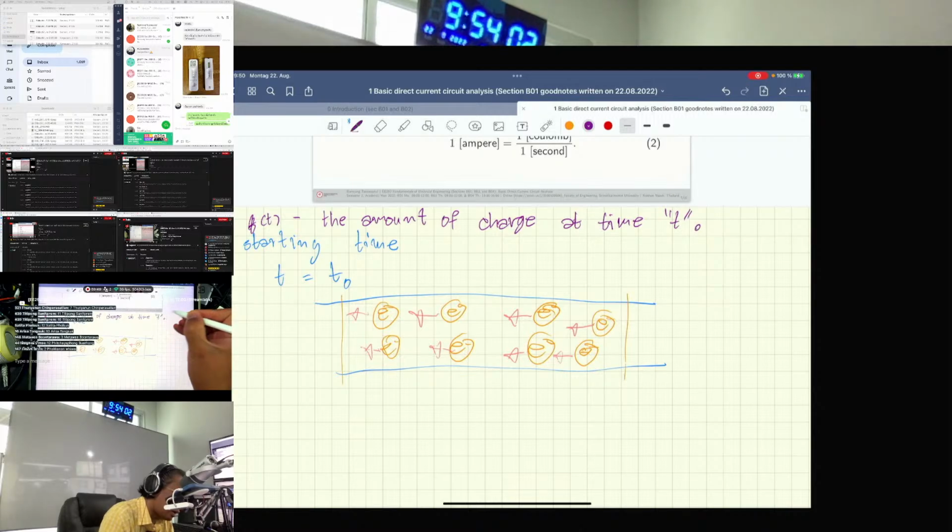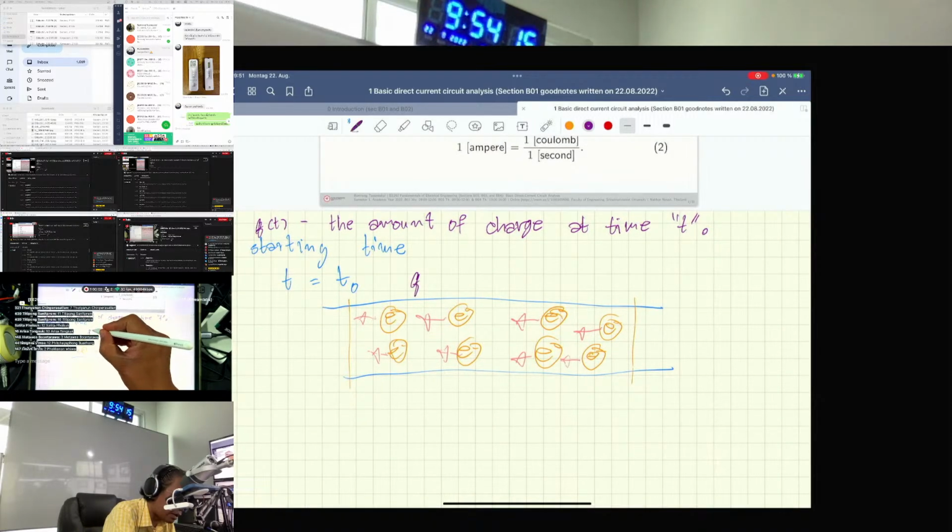Okay, Q(t) is the amount of charge at time t. But we start to observe the whole amount of charge at time t0. So the amount of charge at this time will be at t0.